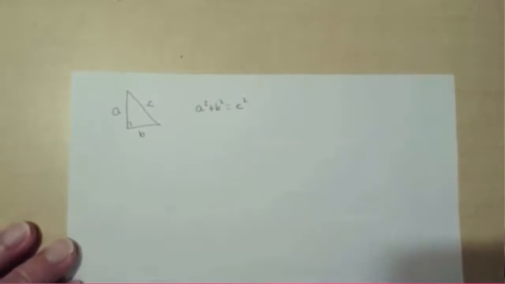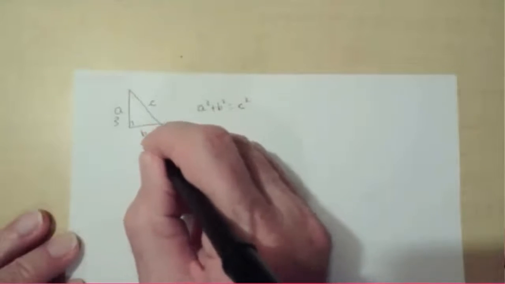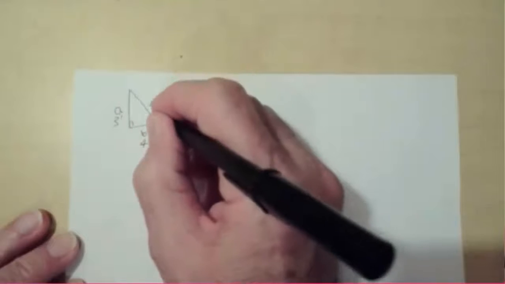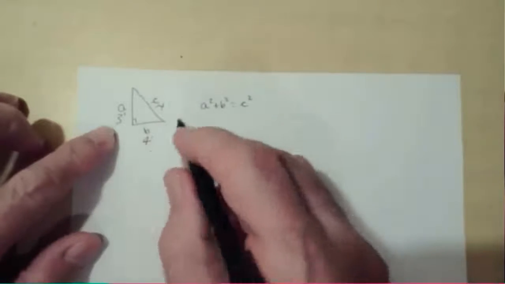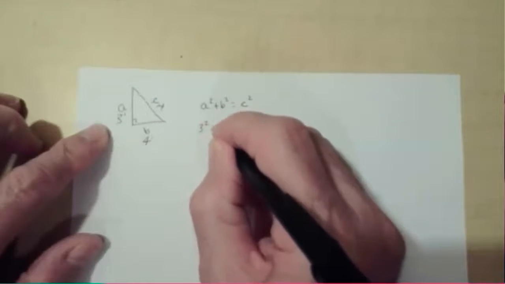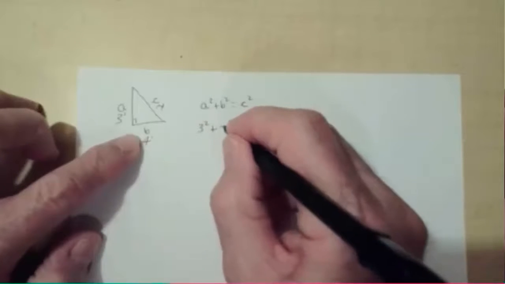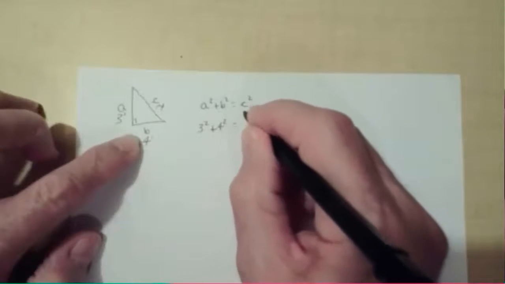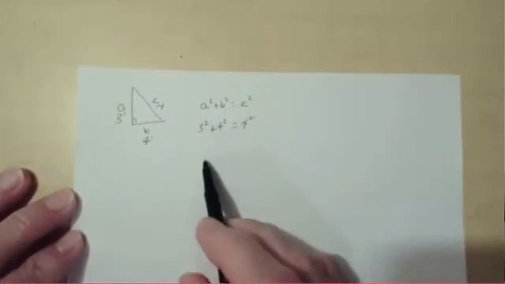Okay, so if A is 3, B is 4, let's call them feet, and we don't know what C is. A squared is 3 squared plus B, which is 4 squared, equals C squared, which we don't know, x squared. Now it's just order of operations.